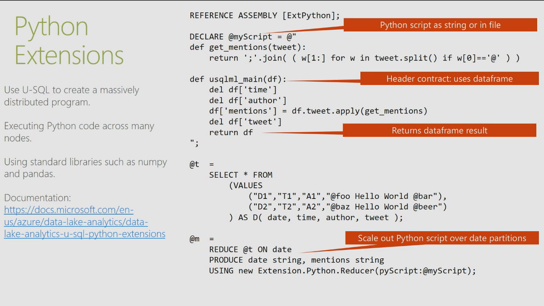You can use standard libraries such as numpy and pandas. You can deploy your own libraries. You would deploy them as a zip file, and then inside your Python program you would instantiate them. If you want more information about this, you can follow this link where we have documentation that talks more about how to use these U-SQL Python extensions.